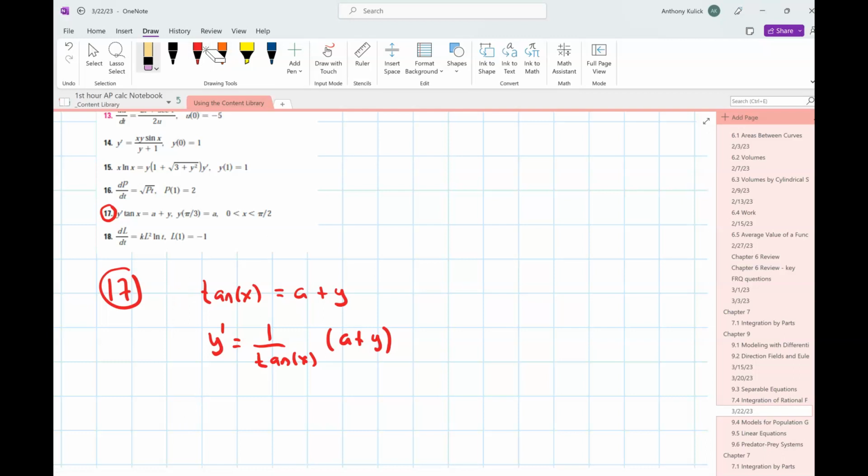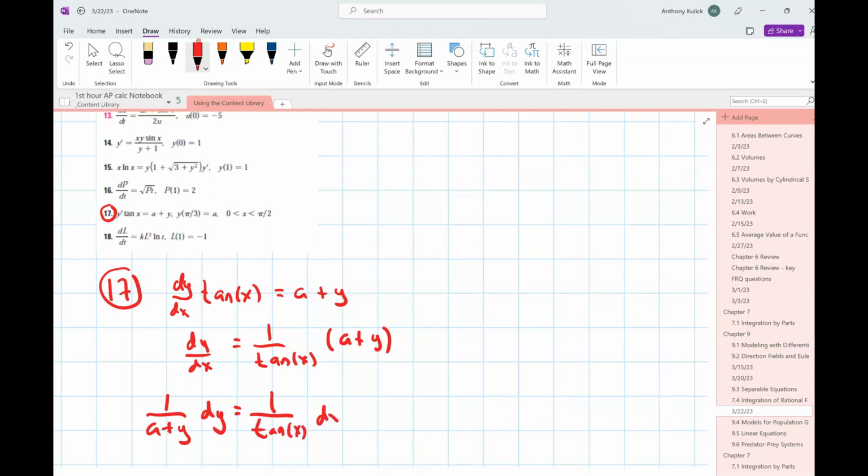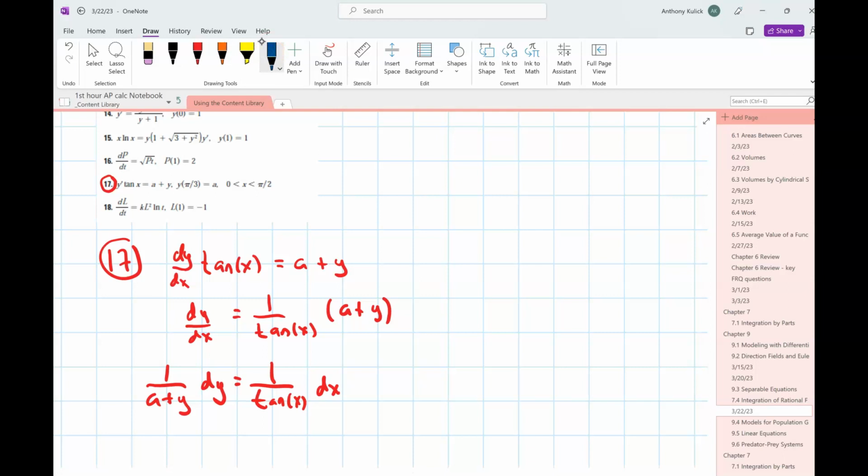I guess we should have written y prime as dy dx, right? Let's do that. So we have that. So I think we're probably good from here to do our integration as we have things separated.